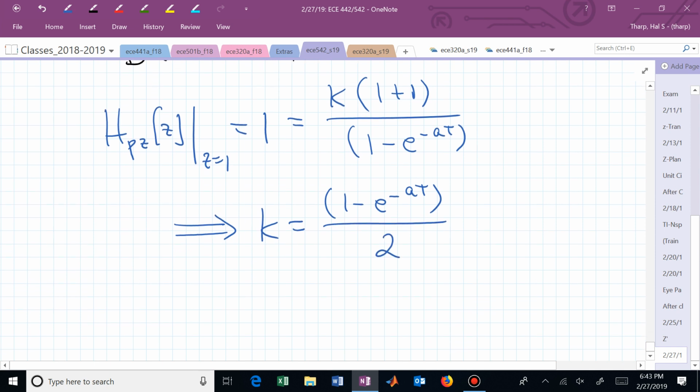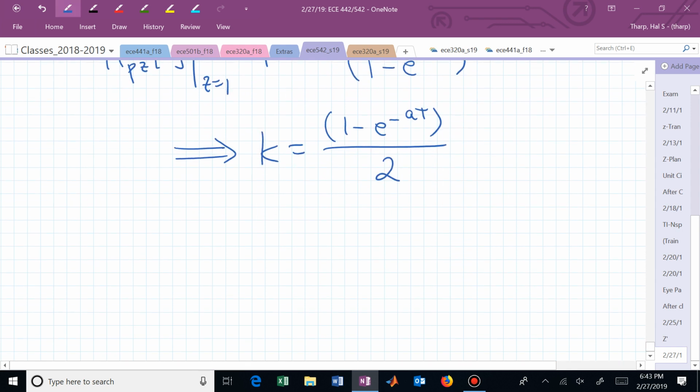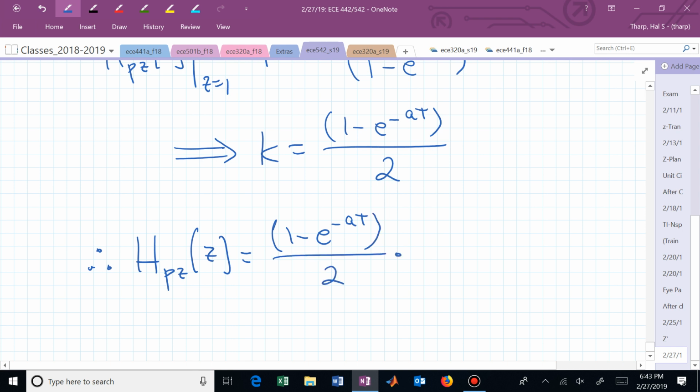And now we have our discrete equivalent using a pole zero matching or mapping strategy for a low-pass filter. We now have H of z corresponding to our K, which is 1 minus e to the minus AT over 2, times z plus 1 over z minus e to the minus AT.